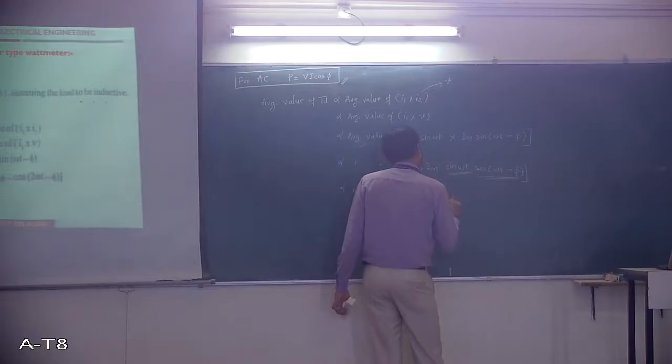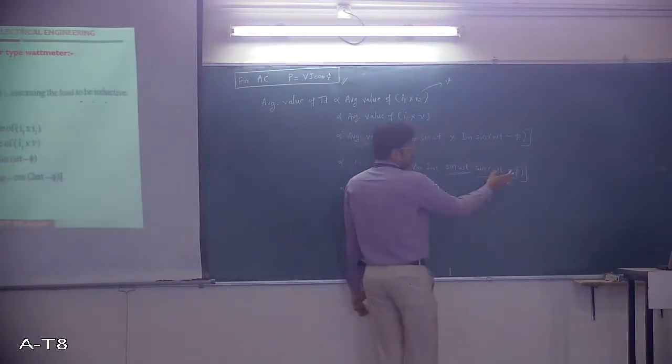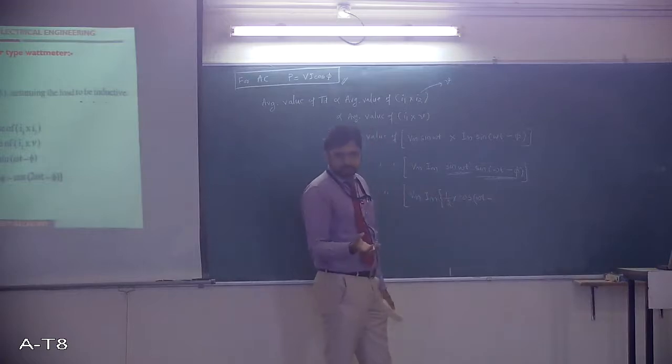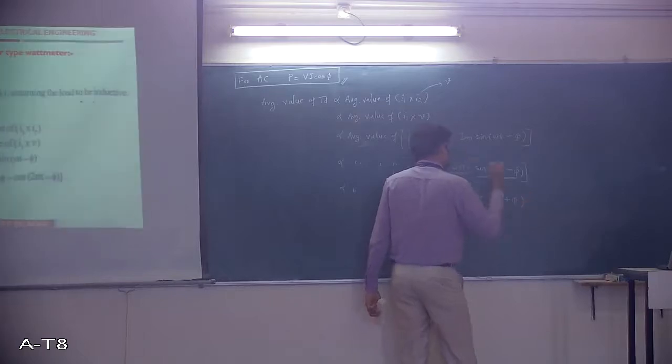Okay, let me use the same thing. 1 by 2 into cos of (A minus B). A is omega t, minus B, where B is omega t minus phi. So omega t minus omega t, minus of minus becomes plus phi, correct?